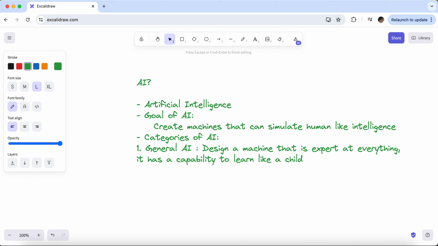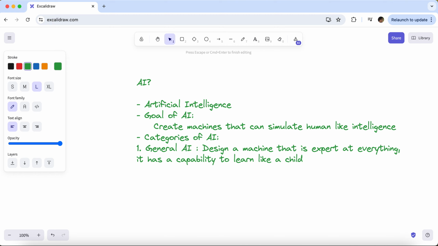A human can be good at sport, a good doctor can also be a good sportsman. And if that particular person decides to learn a new skill like a child, then he or she can acquire any kind of skill, right?